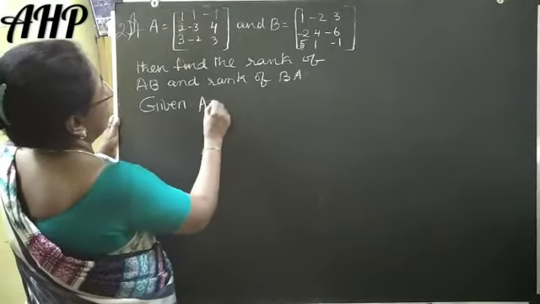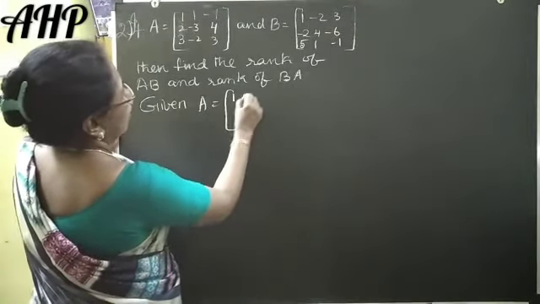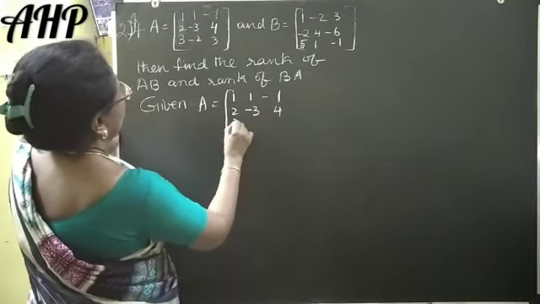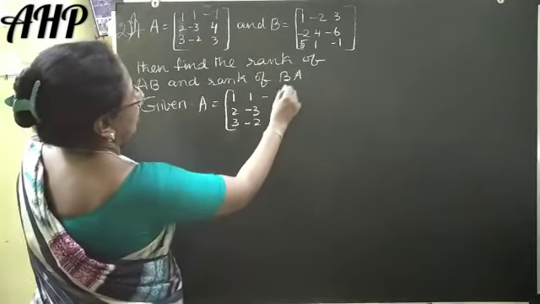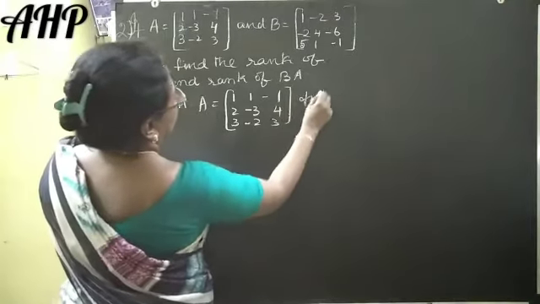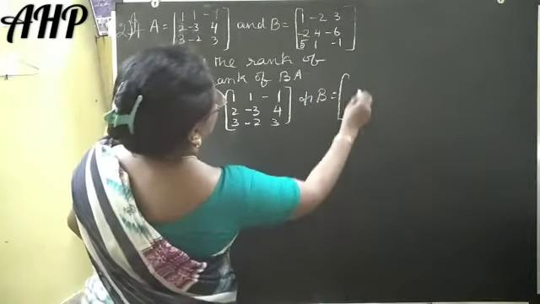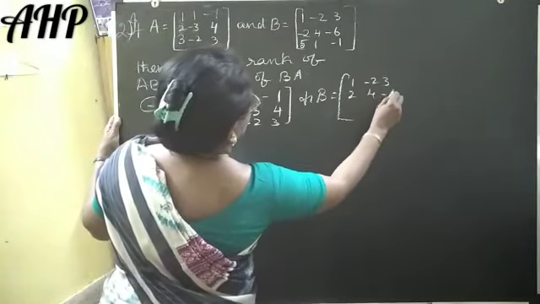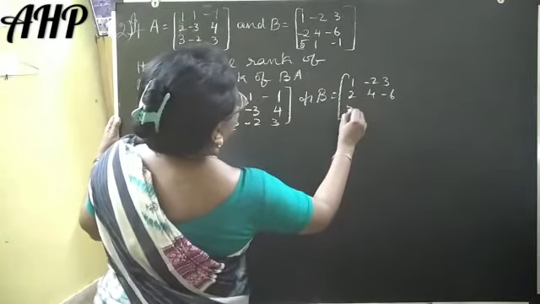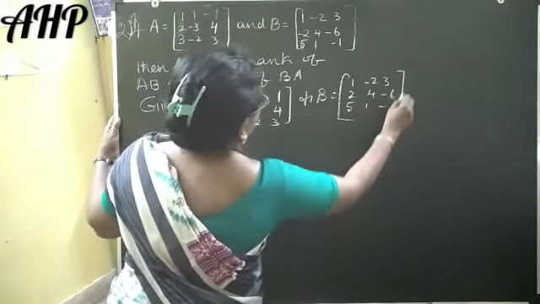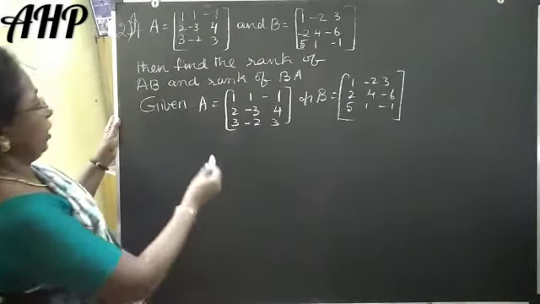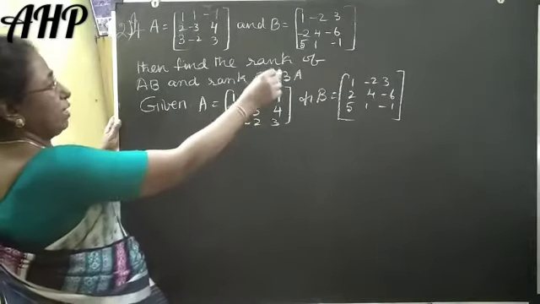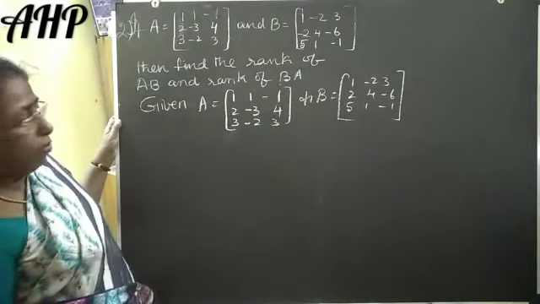Given A is equal to 1, 1, minus 1, 2, minus 3, 4, 3, minus 2, 3, and B is equal to 1, minus 2, 3, 2, 4, minus 6, 5, 1, minus 1. First of all we should find out what is AB, then find the rank of AB, find BA, and then find the rank of BA.